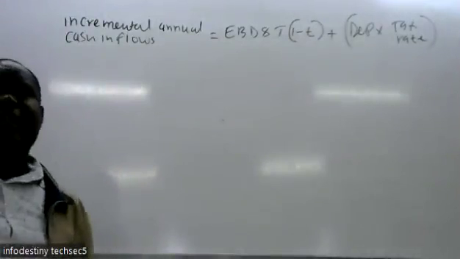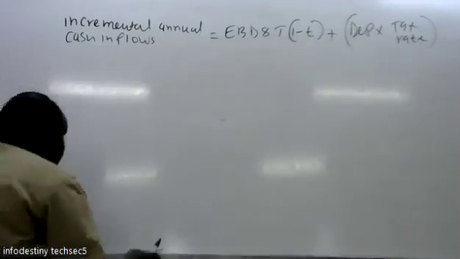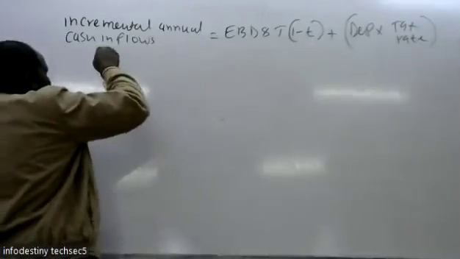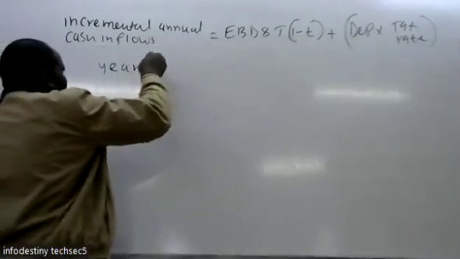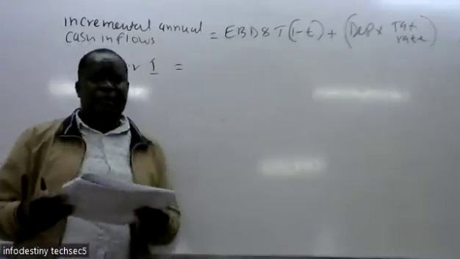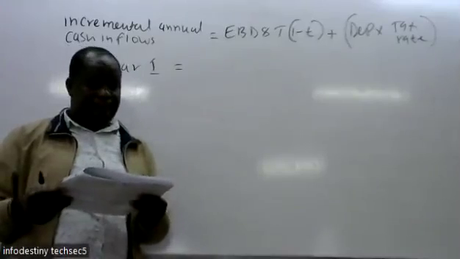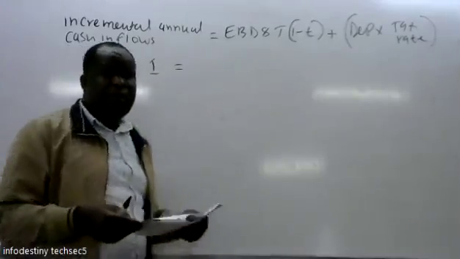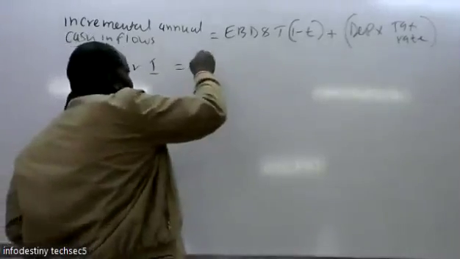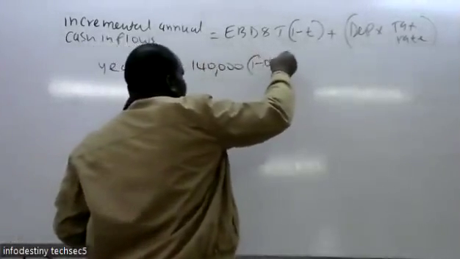So we minus in order to get the incremental. So when you take 260,000 minus 120,000, it should give us how much? We get 140,000. Then 1 minus 0.3.